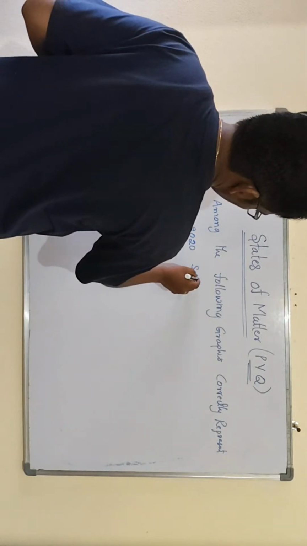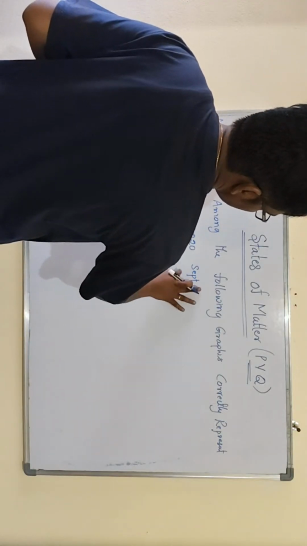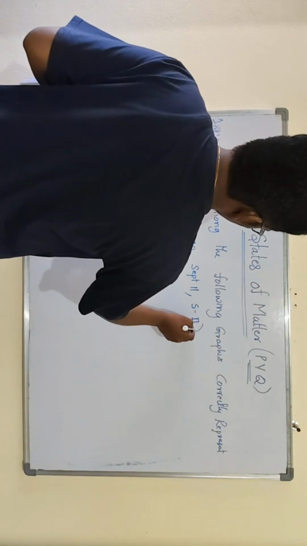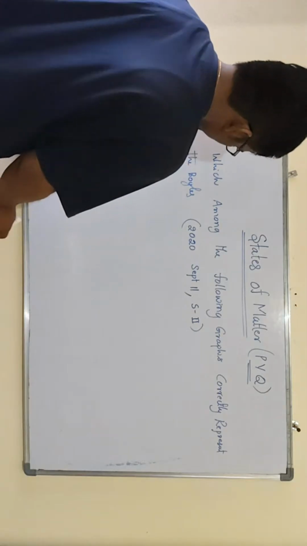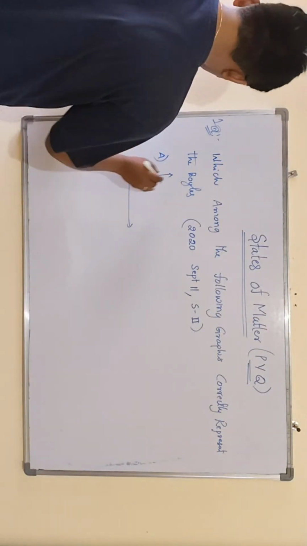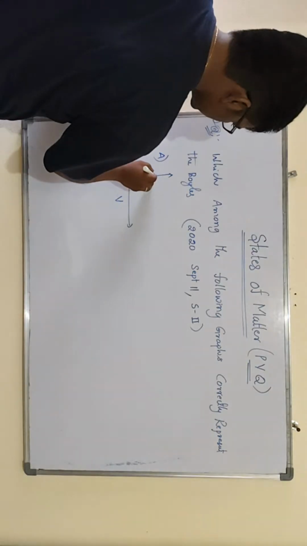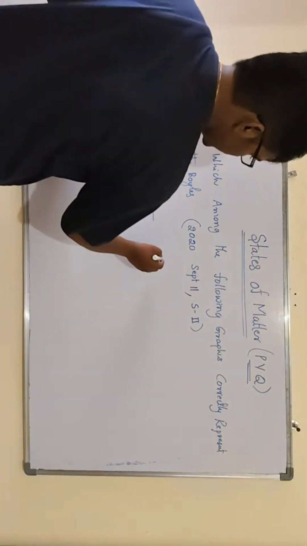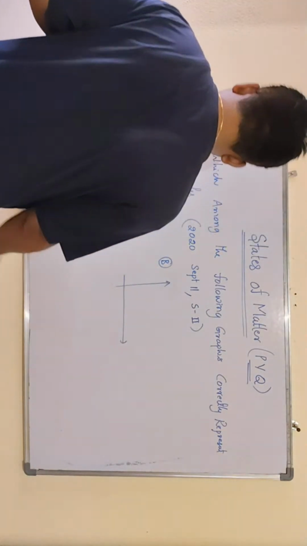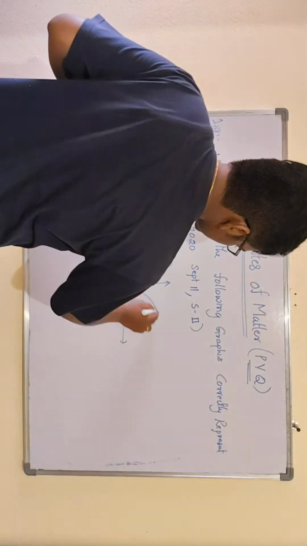September, in the corona time, the exam was conducted in September. This question came on September 11th, shift 2. The graphs were given like this. Graph A, pressure versus volume. Next B, pressure versus volume, an exponential curve is given.